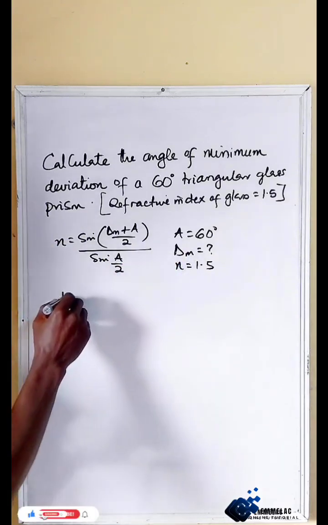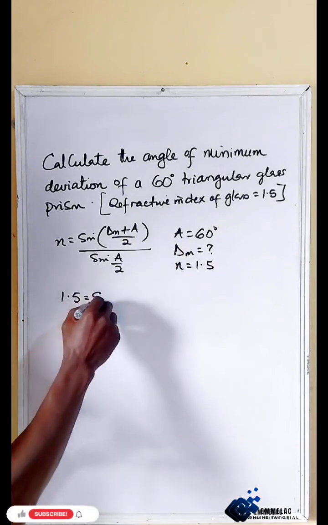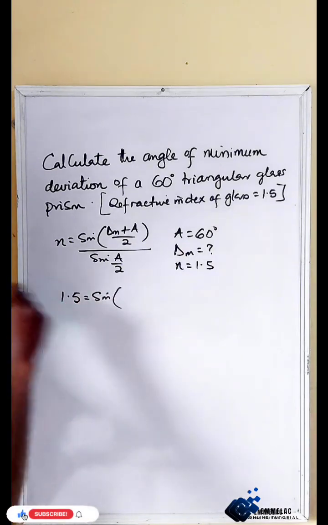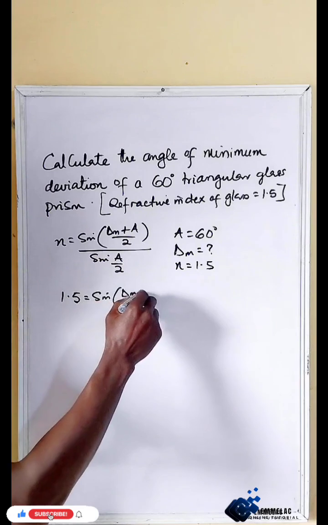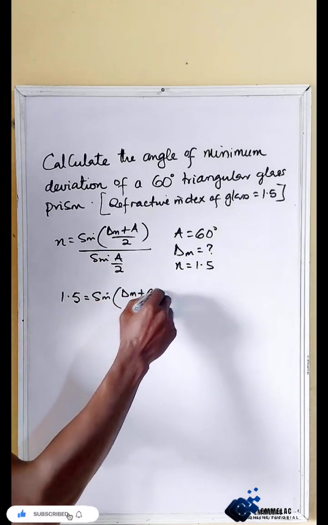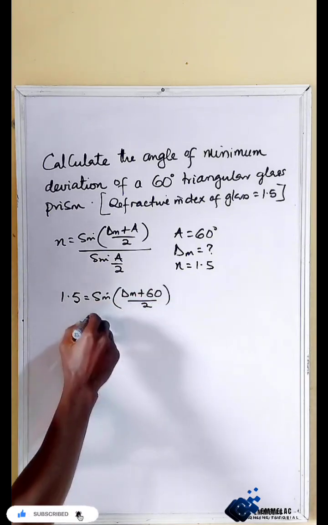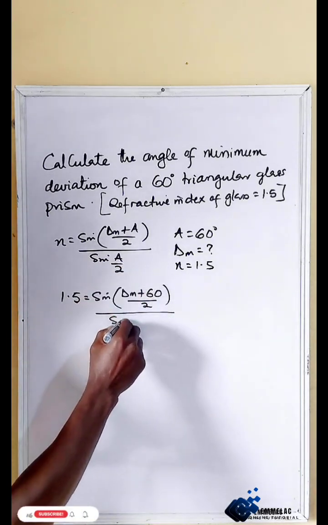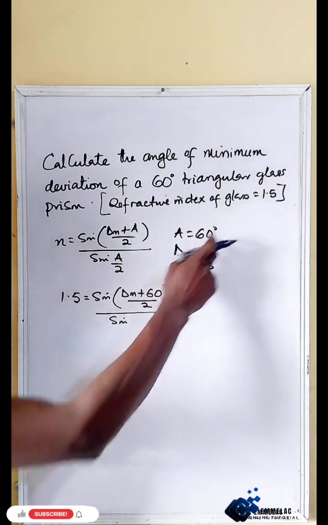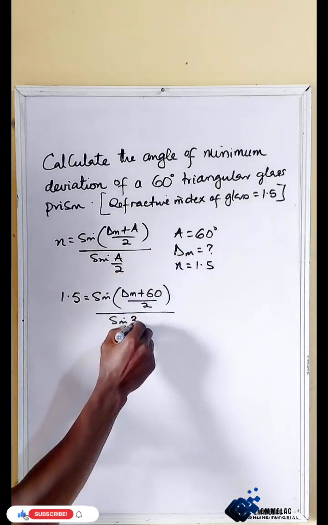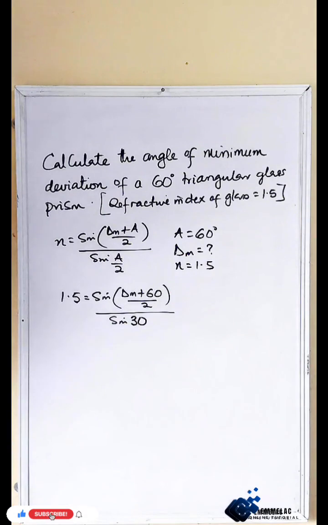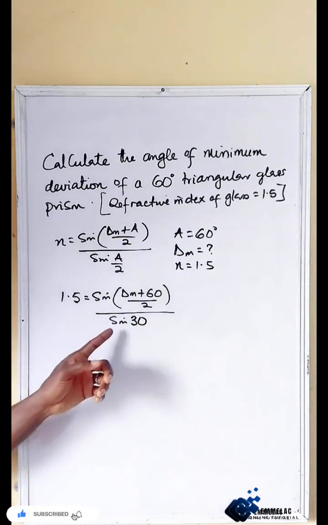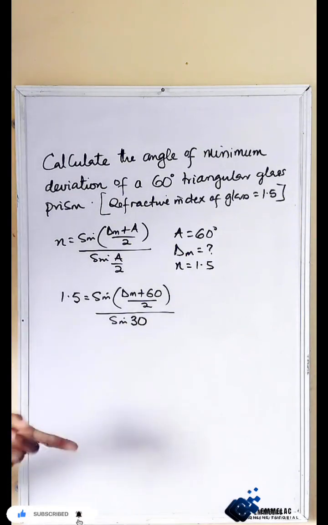So here we have 1.5 equals sine of (dm plus 60) all over 2, all over sine of A, which is 60 divided by 2, giving us 30. Let us recall that sine 30 should give us 0.5.